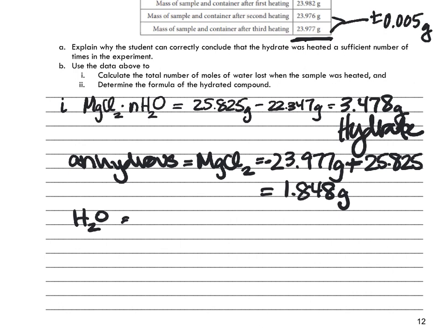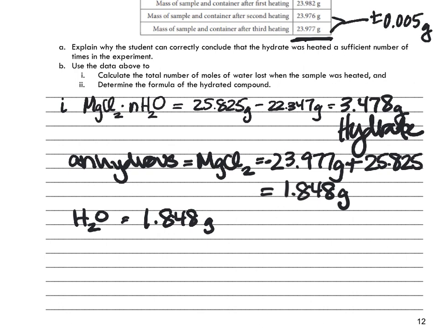Okay, she probably did, y'all, that's the 1.848. And y'all, I'm so sorry that I'm messing y'all up on this. Not my intent. What did I do wrong with the anhydrous? You found the amount of water lost.